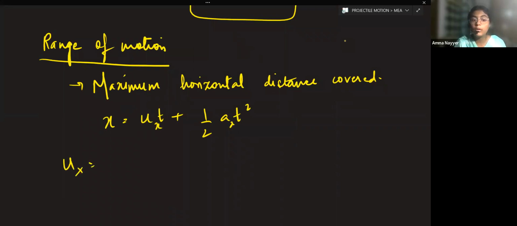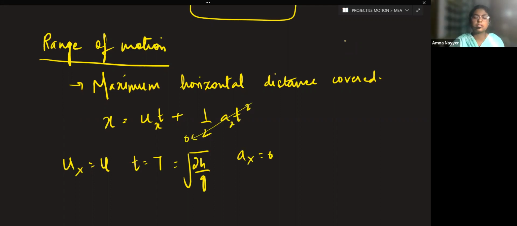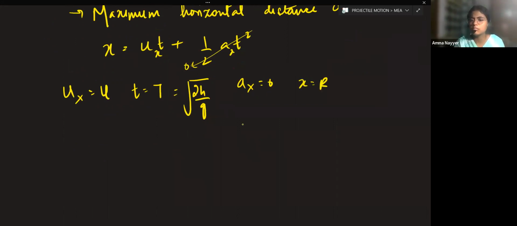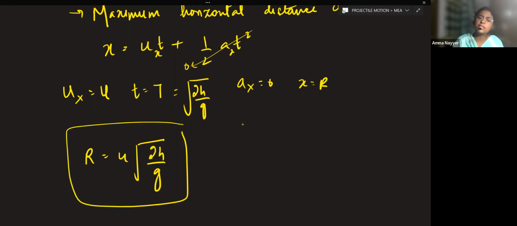So ux will exist this time, the initial velocity of the projectile, because your velocity along x-axis is not zero. It has some value. Time period, we know it's the time of flight, that is under root 2h divided by g, and acceleration along x-axis is 0, so this term becomes 0. And what is x? X is your range of motion. Easy. Put here R is equal to ux t, t is under root 2h by g, because in this case your acceleration becomes 0.